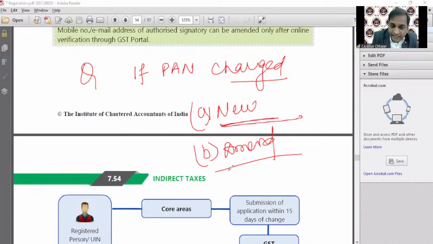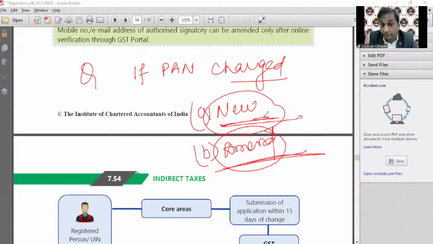If the PAN number is changed because of any reason, can I make the correction or do I have to make a new application?